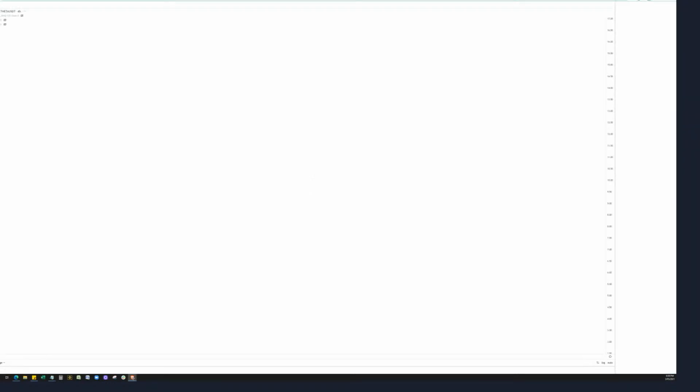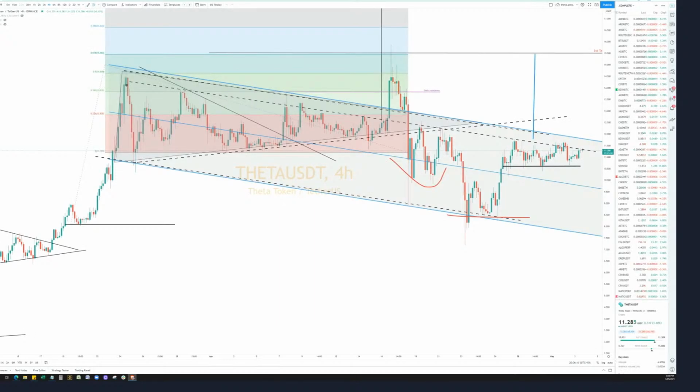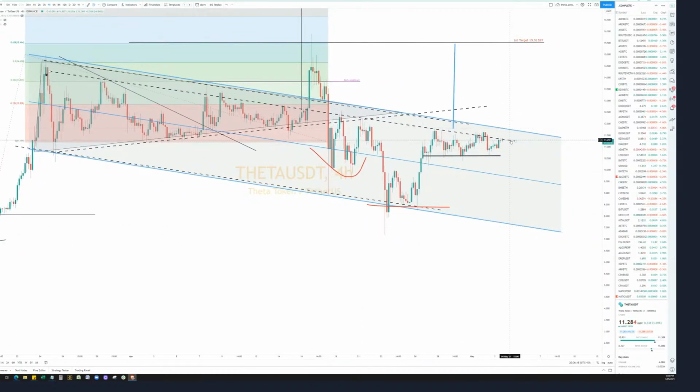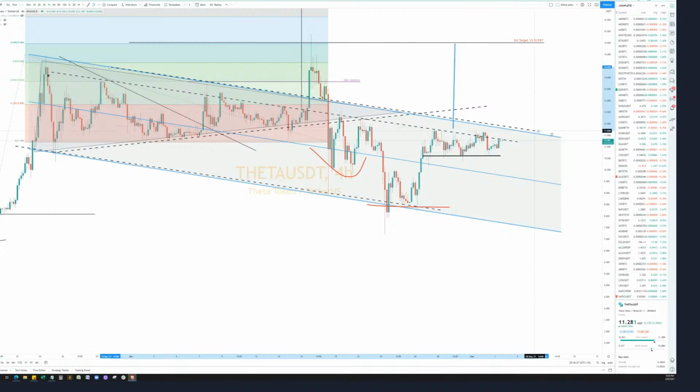Didn't perform as it used to. Every time I look at this chart, it keeps getting knocked back at these two lines. This black trend line keeps getting knocked back, and then I've got this upper trend line. Not interested in theta until it breaks these two levels.